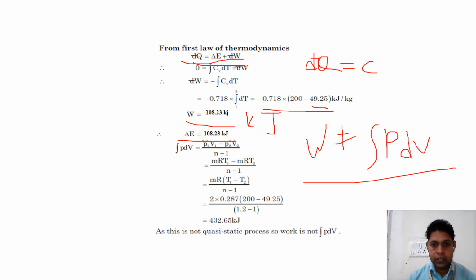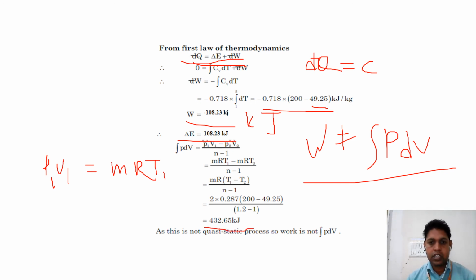We can also find V2 and V1 from the relation P1V1 equal to mRT1, and T1 value is already given, so we write P2V2 equal to mRT2. Then we will get the answer 432 kilojoule.